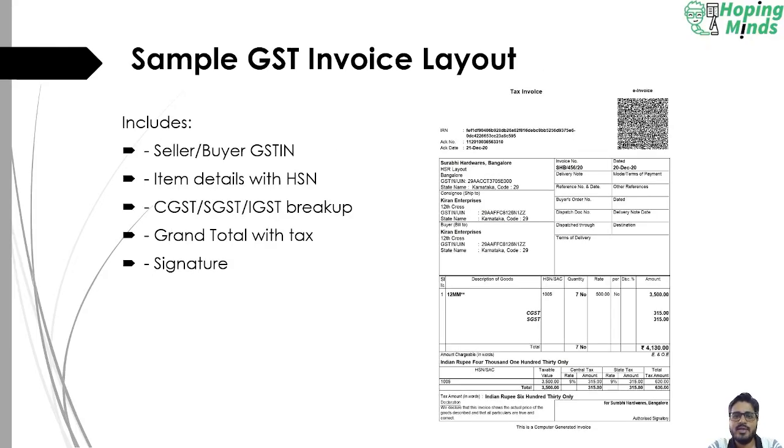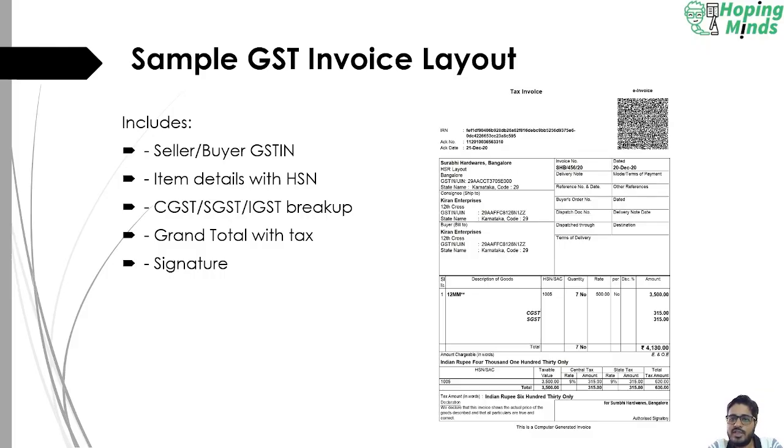So let's have a look at a sample GST invoice. This invoice consists of supplier details, consignee details, and the buyer details. There can be a case where the billing has been done to a certain party, but the delivery address is different. In that case, both the consignee and buyer details should be there in the tax invoice.